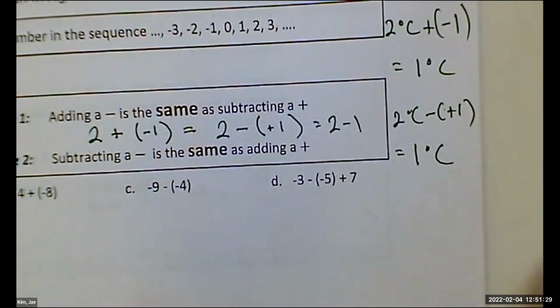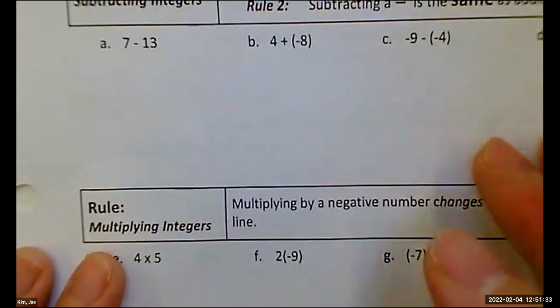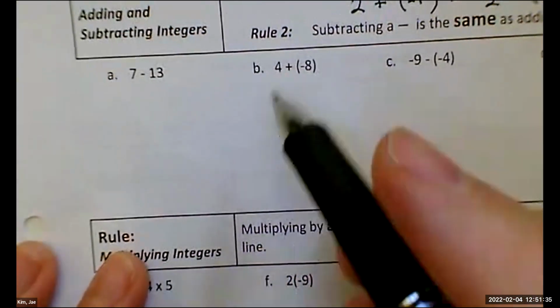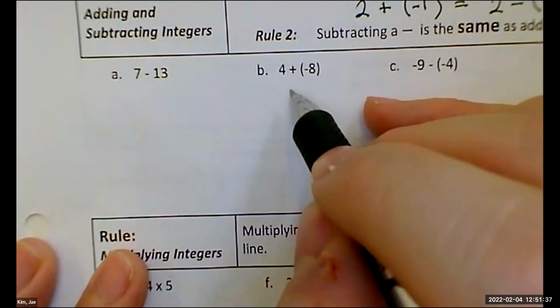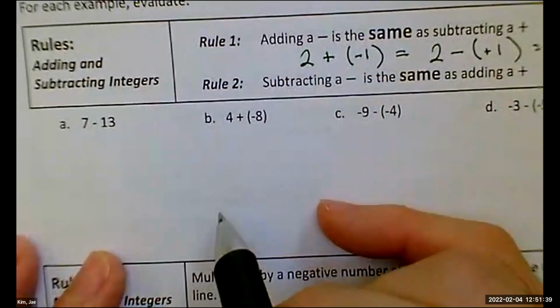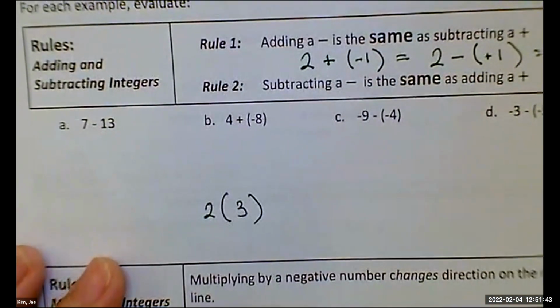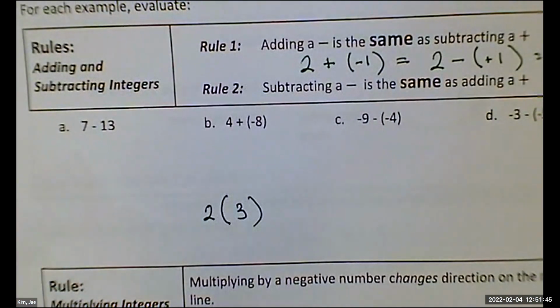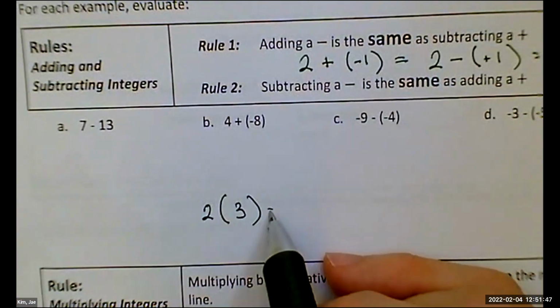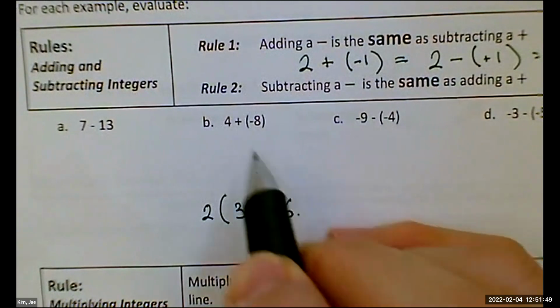Okay? So Damien was asking, what the heck is the bracket thing? Well, that's where algebra can come in. Did you know, I think you do know, that if you have a number in front of a bracket, it represents a multiplication. So in this case, it's like 2 times 3 equals 6.